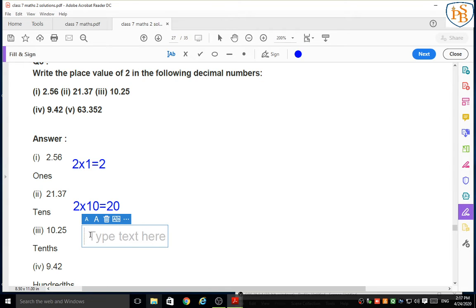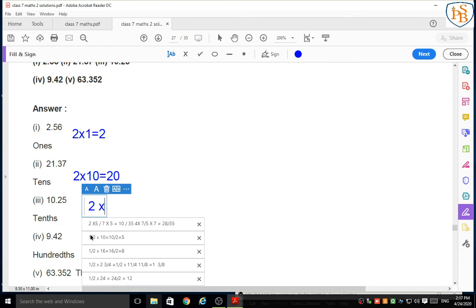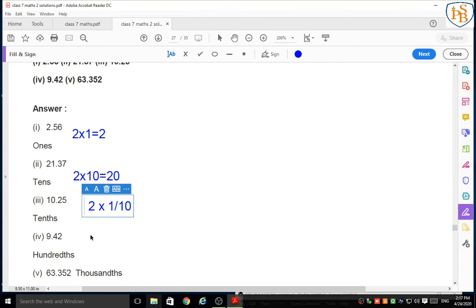In 10.25, 2 is at the tenth place, that means 2 into 1 upon 10, so that is 2 upon 10, so it will be 0.2.